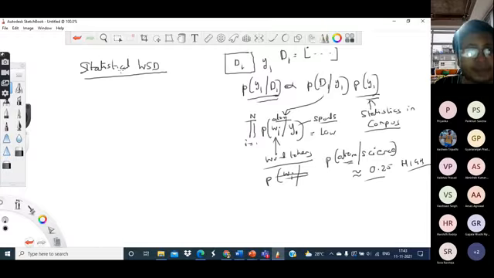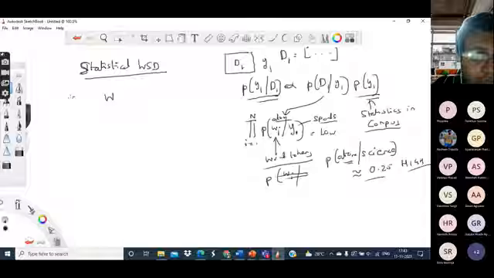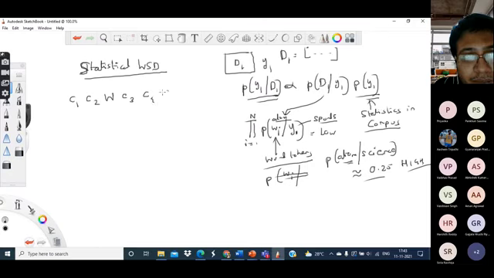Now this same idea I am going to use here for word sense disambiguation. Once again, let's consider a sentence with the target word which we call W, and let us consider some of its surrounding words C1, C2, C3, C4 and C5. These are the context words.